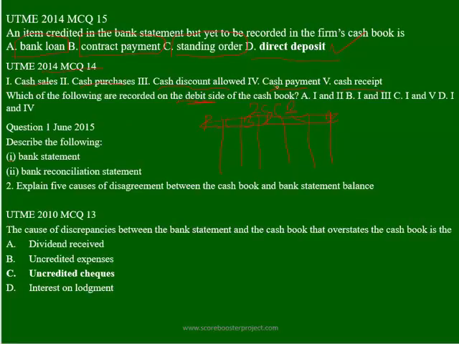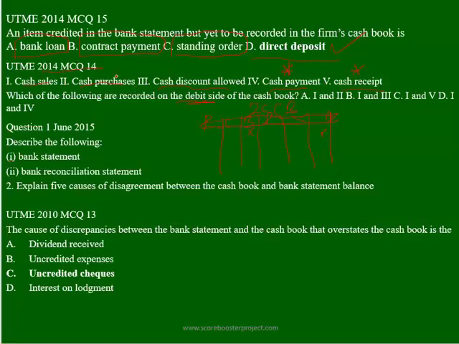Okay. If I make a cash payment, the money is going out of hand, it will be on the credit side. If I receive a cash receipt from somebody, it will come here. It will be on this side.